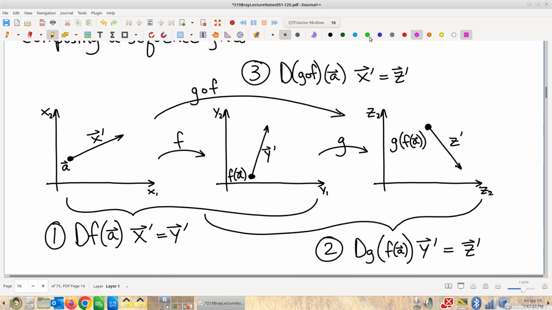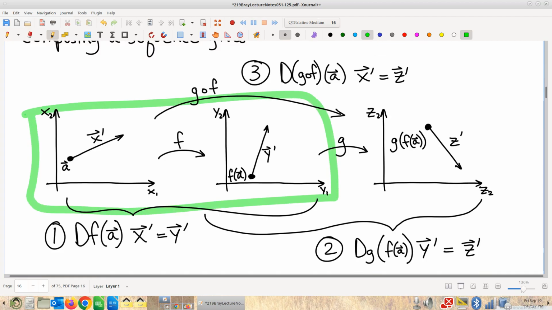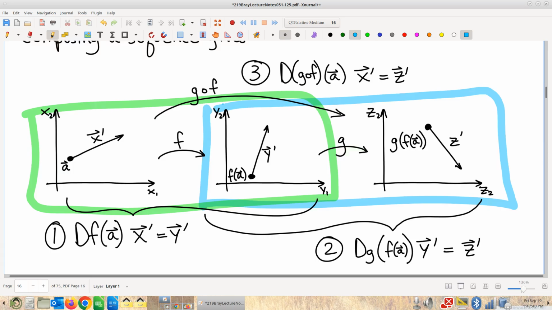Okay. I can still talk about composing two multivariable functions. So here's a multivariable function. The x variables are the inputs, the y variables are the outputs. Yeah, now there's two inputs and two outputs, but whatever, it's a function. And then here's the second function. The y's are now the inputs. The z's are the outputs. And yeah, again, there's now two each.